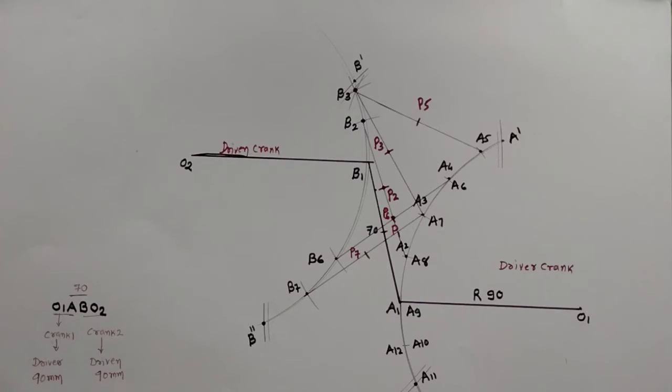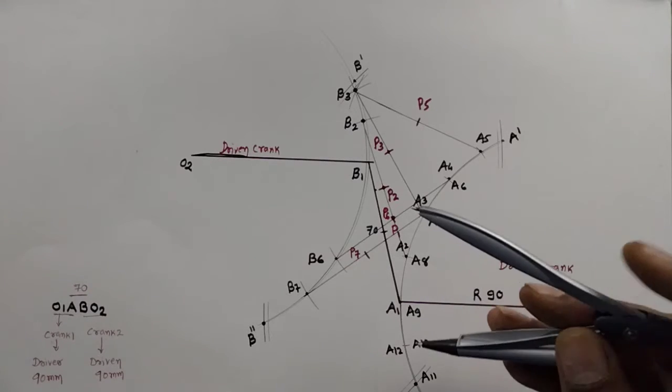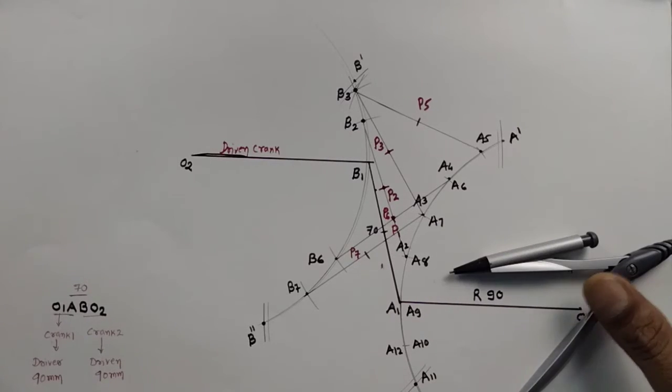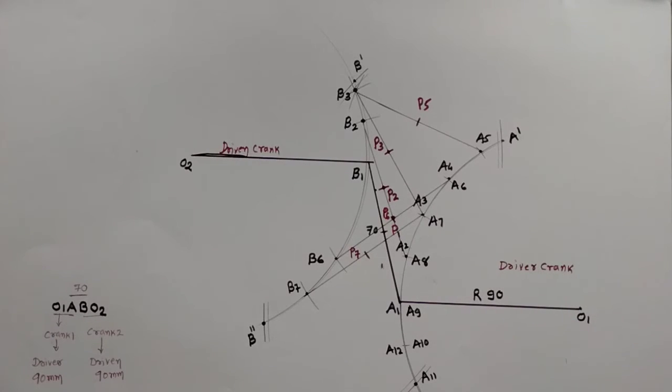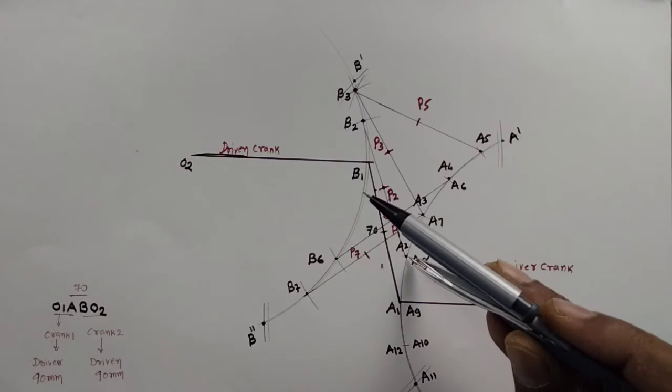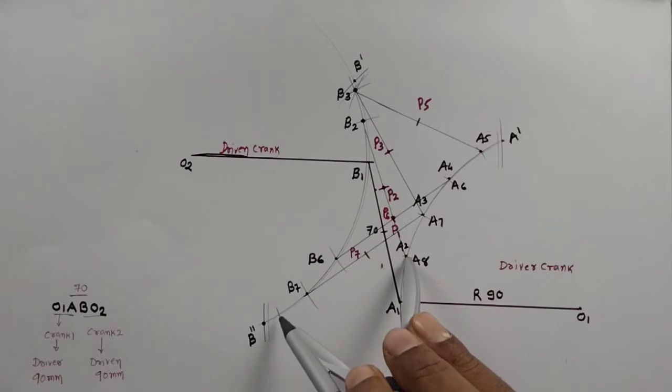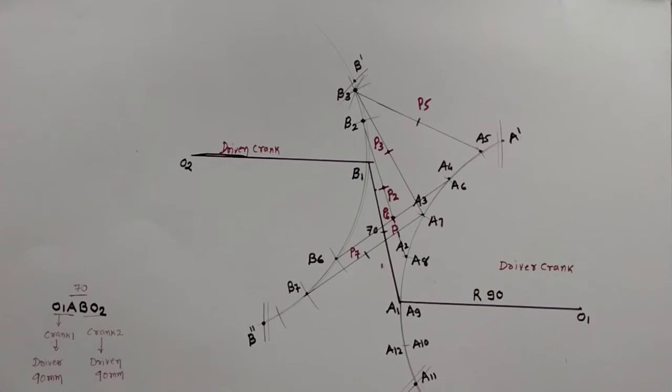Similarly, your A8 is the center. Draw the arc. You can get your B8.